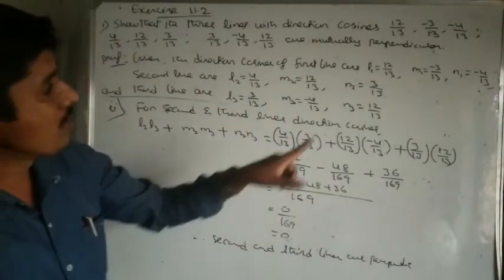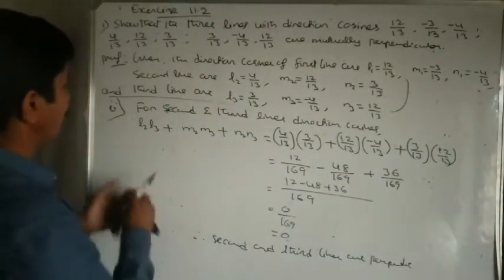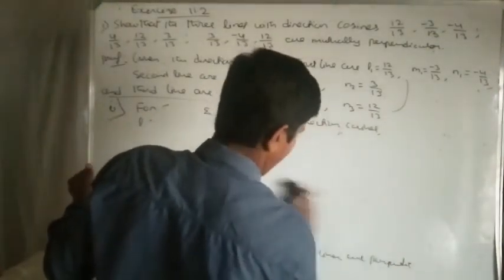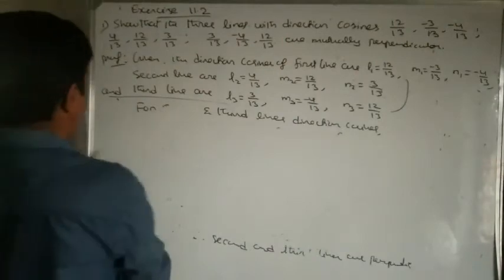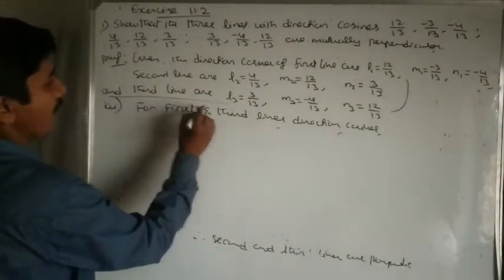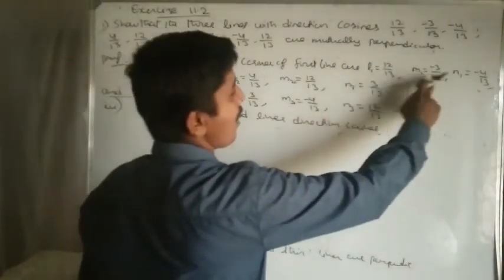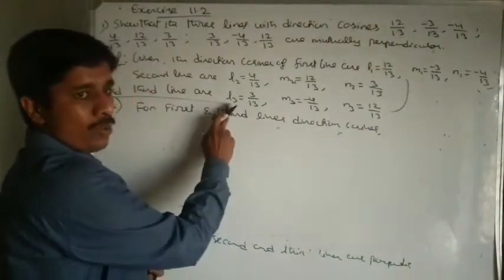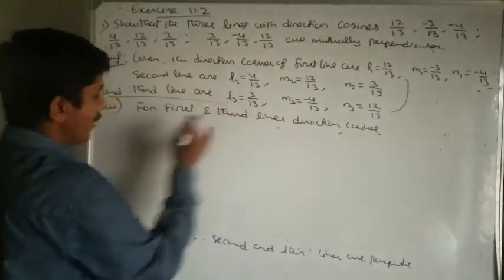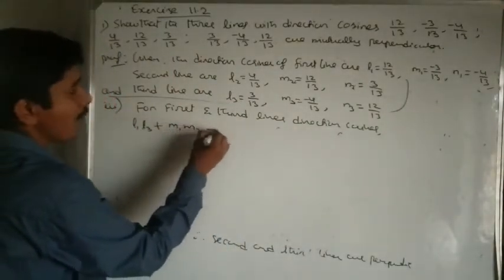So, now prove that the first line and third line are perpendicular. Next, third one. For the first and third lines, the first line direction cosines are denoted L1, M1, N1, and the third line direction cosines L3, M3, N3. Now I am taking L1 into L3 plus M1 into M3 plus N1 into N3.